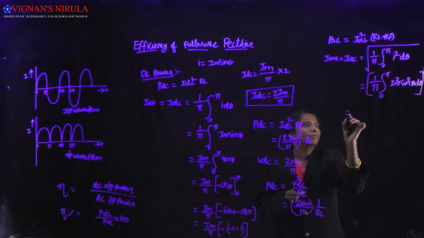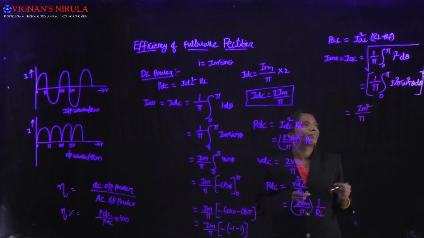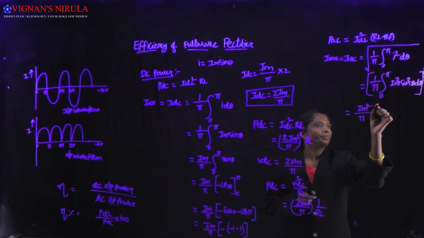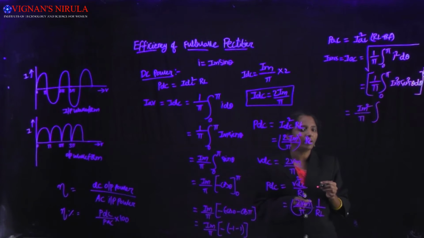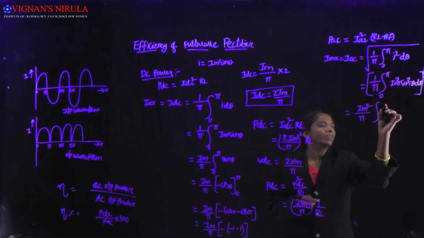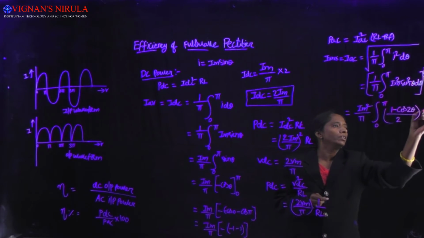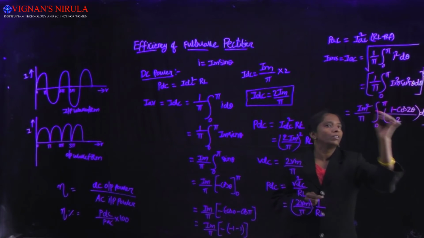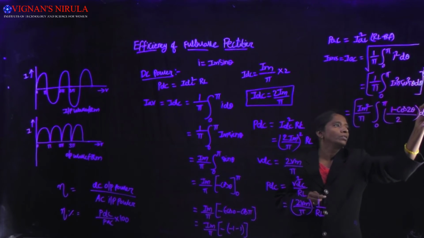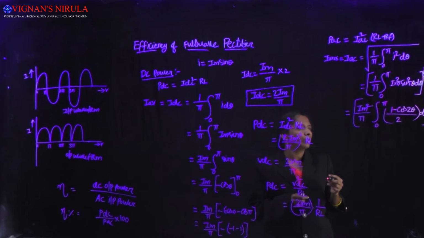From this, Im square by pi into the integral. We know the formula for sin square theta in terms of cos 2 theta, that is 1 minus cos 2 theta by 2 d theta, of square root whole power 1 by 2.